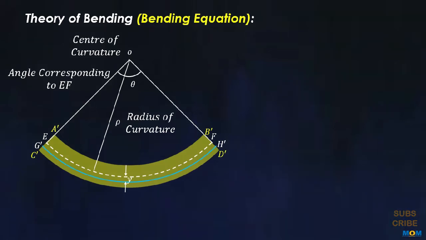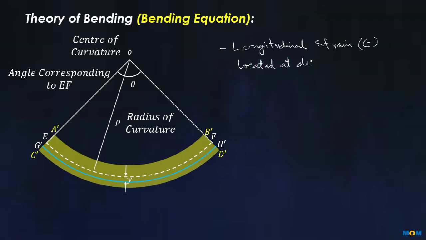Now considering the longitudinal strain epsilon located at distance y from the neutral plane is going to be epsilon is equal to del upon undeformed dimension.